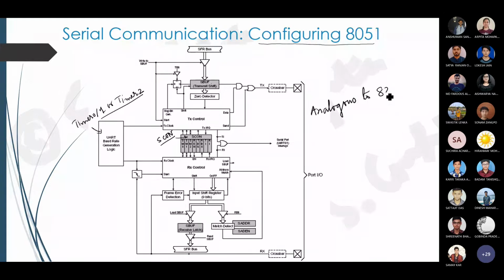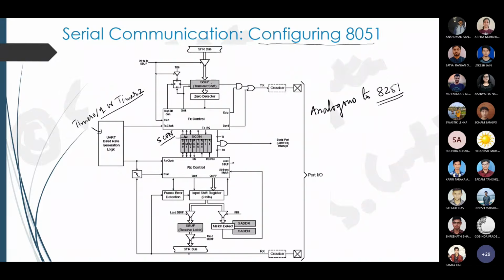the 8251. There we did not have to make the frame, right? We have only placed the data, and this TX control unit will do the remaining job of making that frame, adding the start bit and the stop bit, or the CRC bits for error checking, right?